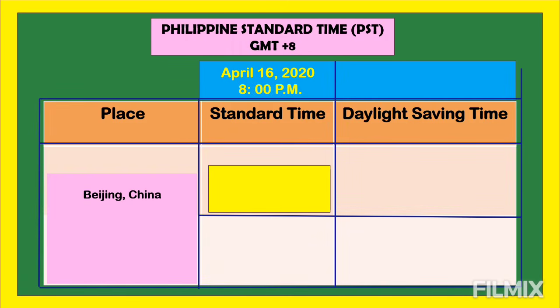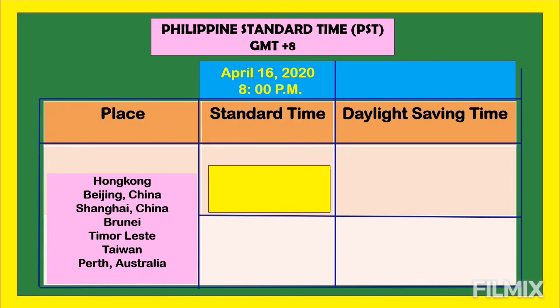Okay guys, next is from Beijing, China, Hong Kong, Shanghai, China, Brunei, Timor-Leste, Taiwan, Perth, Australia, and Denpasar, Indonesia. Again, if you have some friends, relatives, and loved ones working or living there, their time zone is equal to GMT plus 8.